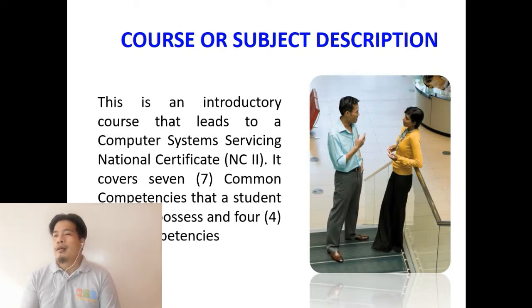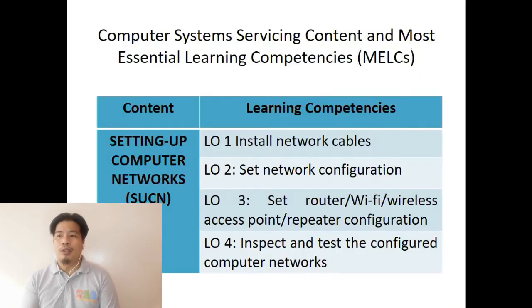So this year we will start with core competency number 2, which is setting up computer networks, with the learning competencies: install network cables, set network configuration, setting of router, Wi-Fi, and wireless access point configuration, and then inspect and test the configured computer networks.